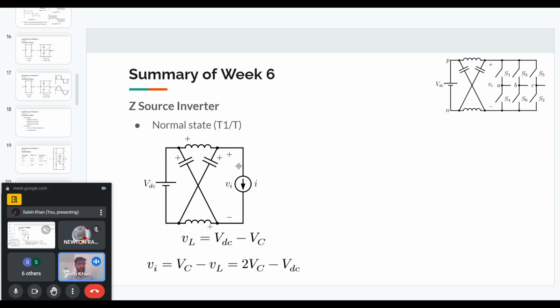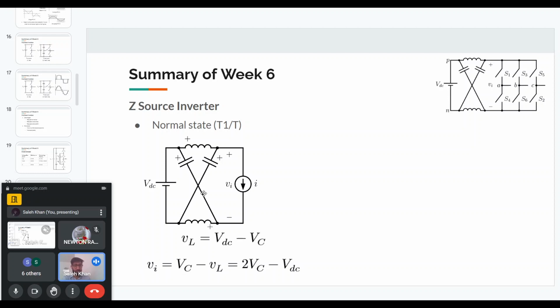For the normal state, we will have some load current and we will get some voltage at the input to the phase legs. So at the voltage Vi, we will get some voltage in the normal state. And if you see, the inductor voltage will be VDC minus VC. So for example, in this loop, you can see that the inductor voltage, given this polarity, will be VDC minus VC.